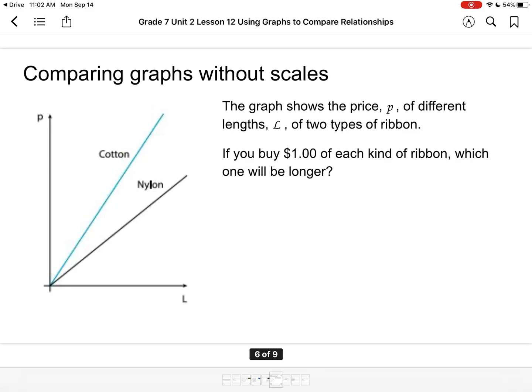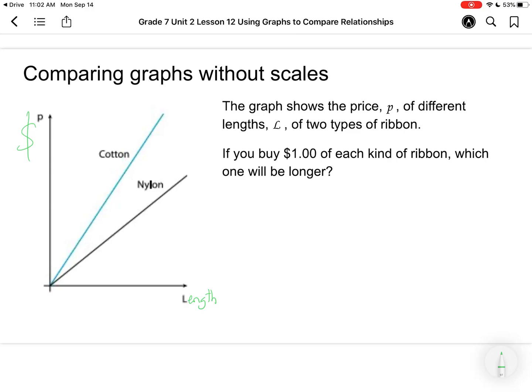And we have distance per time, and the time is in the x-axis. So let's look at another example without scales. So here, if we look at this graph, we can see that we've got cost, which is P, the price, on the y-axis, and the length is on the x-axis.